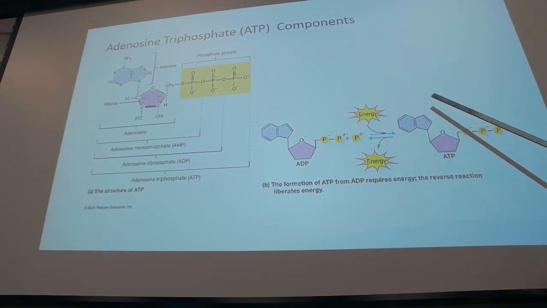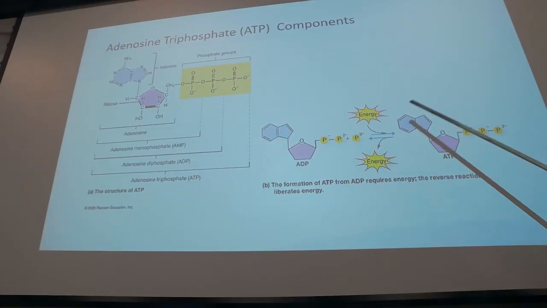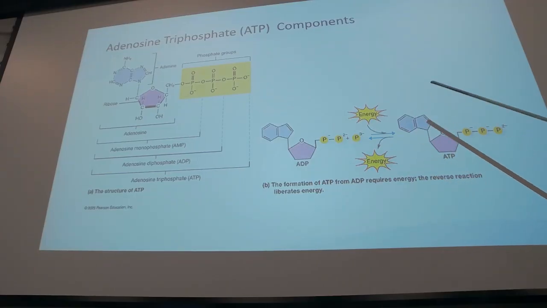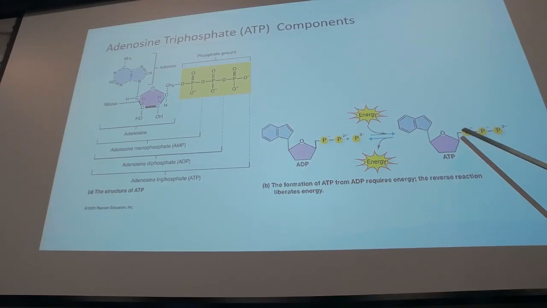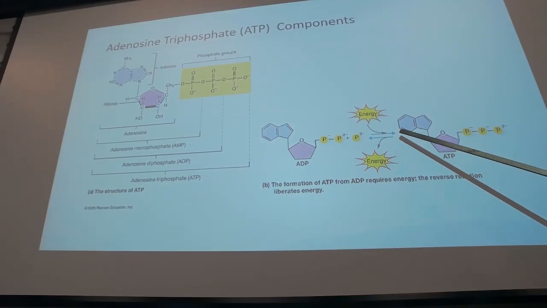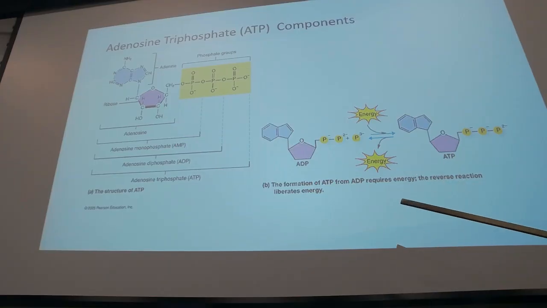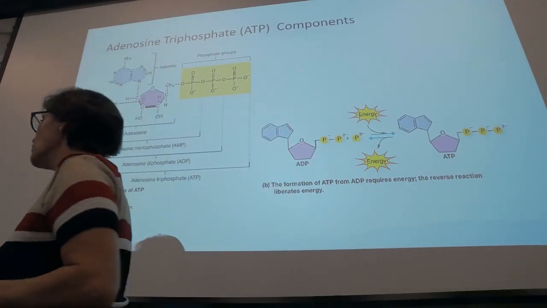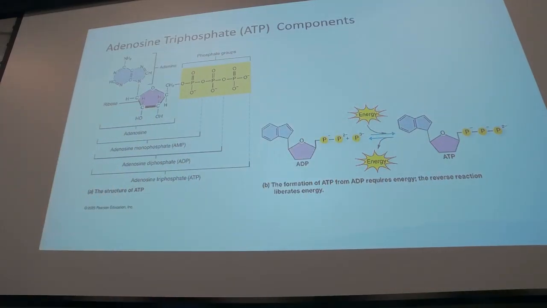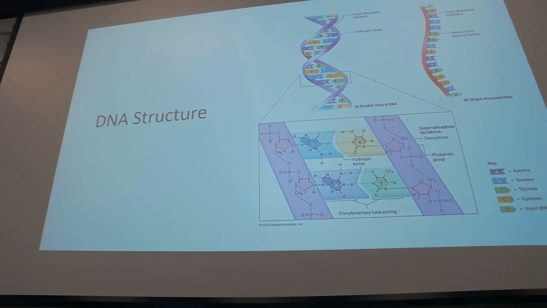But in order to restore either AMP or ADP back into ATP, you have to add energy. In this case, this will be an endergonic reaction. So it's an investment. You want to generate energy, you have to spend energy.